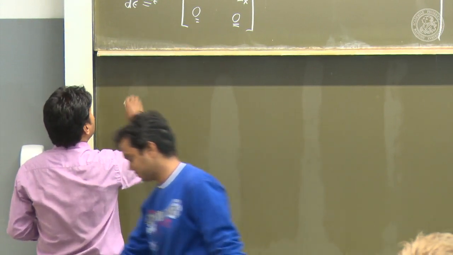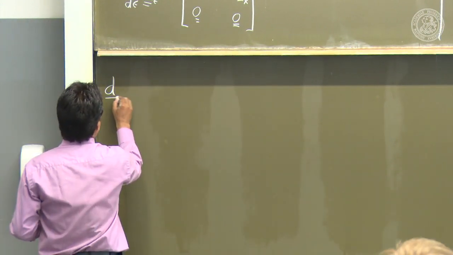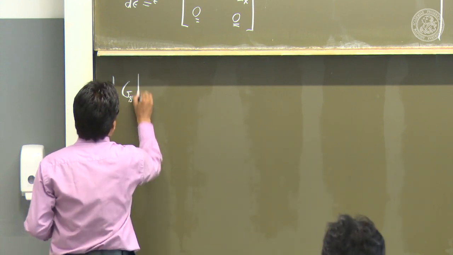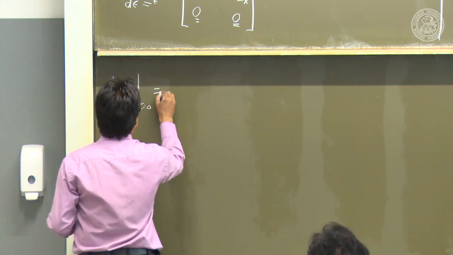So I write the same thing again. So this is d by d epsilon of g static at epsilon equal to 0.